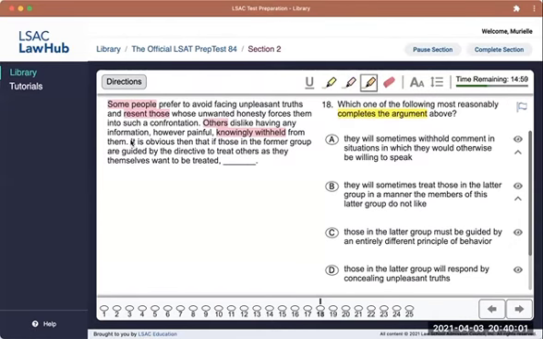Okay, so it is obvious then that if those in the former group, all right, so the former group is the avoidance group, are guided by the directive to treat others as they themselves want to be treated.